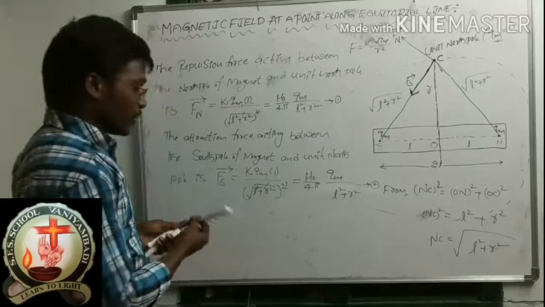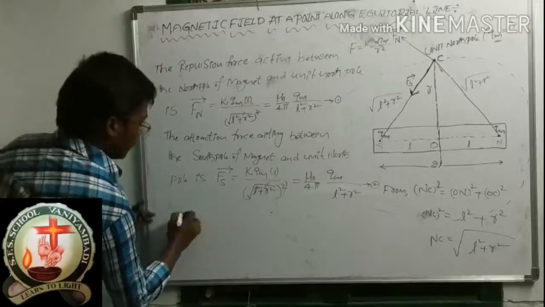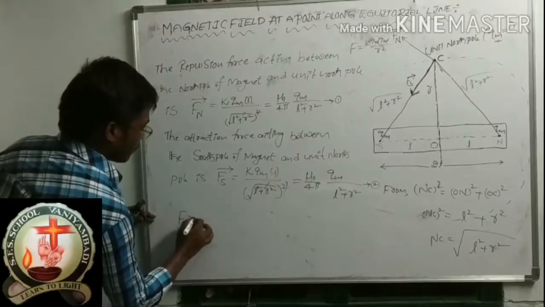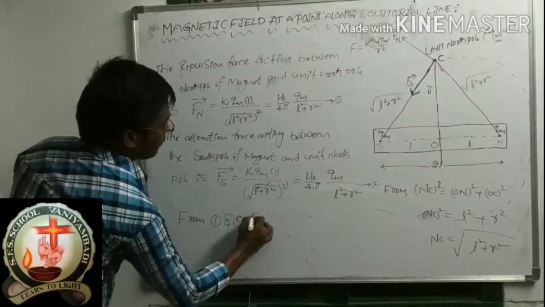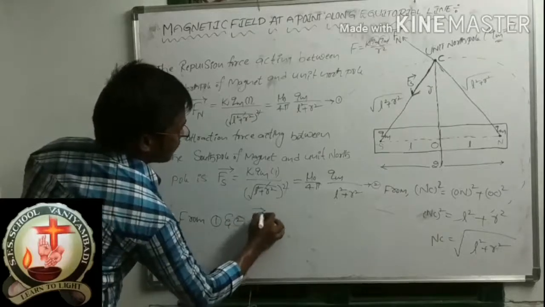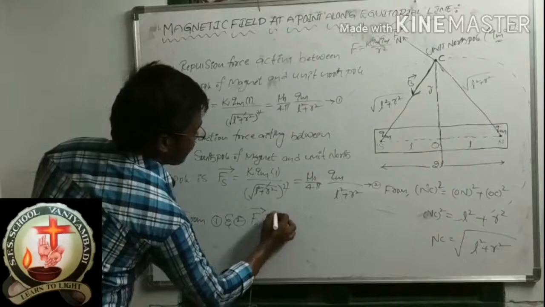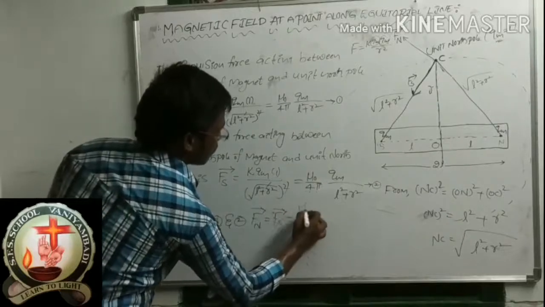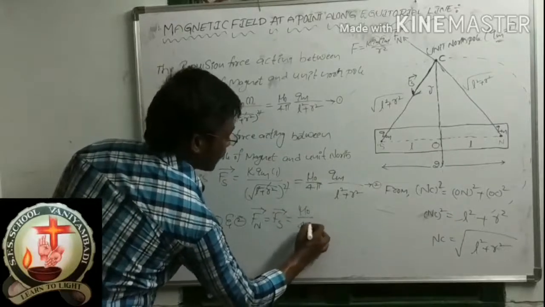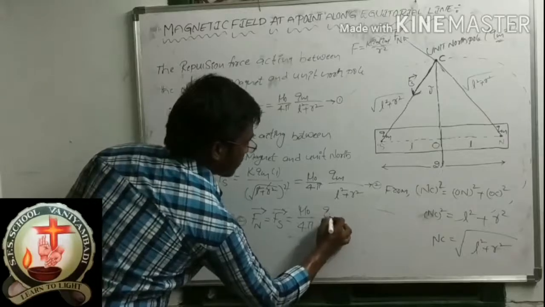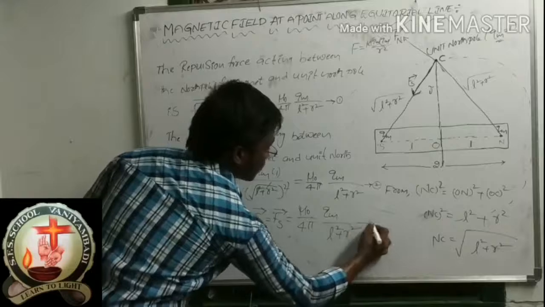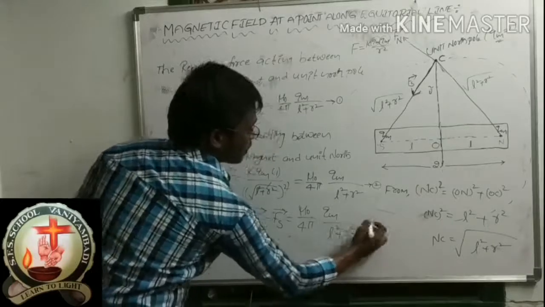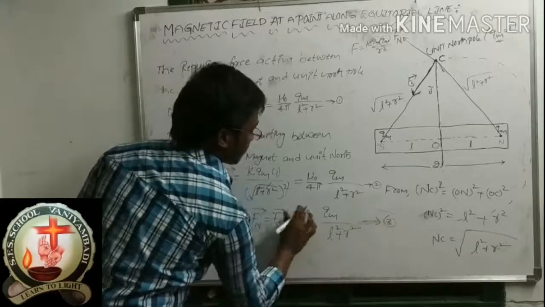Okay, now what I am going to write is from equations 1 and 2, Fn bar is equal to Fs bar is equal to mu naught by 4 pi Qm by L square plus R square. Okay, give equation 3.